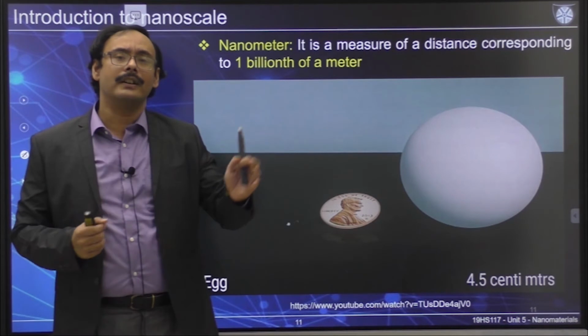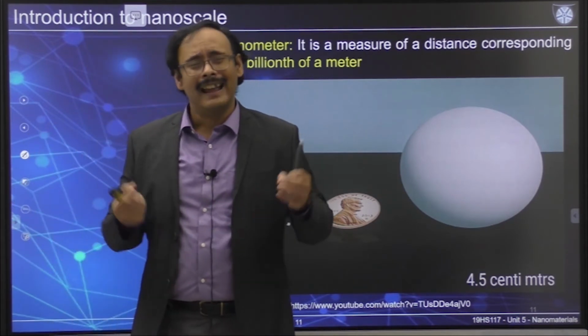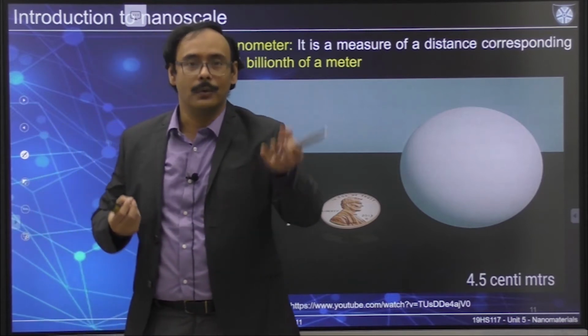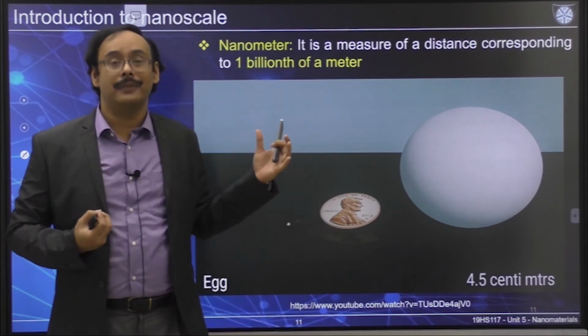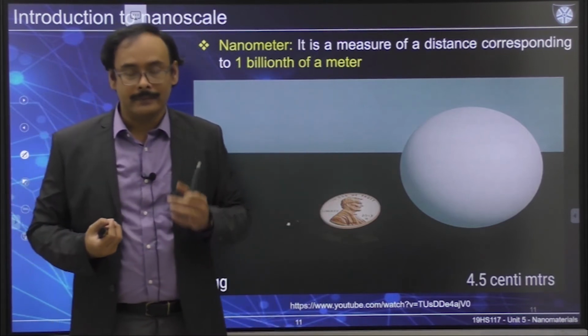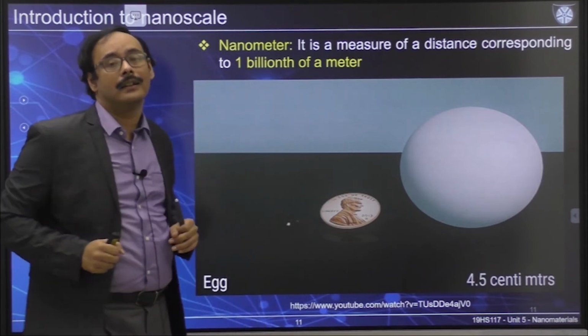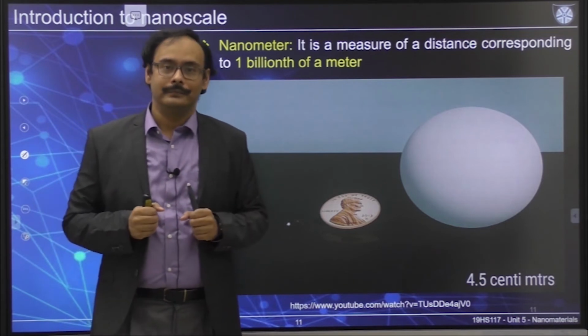That is very important for you to understand. Whenever I say 1 nanometer, at least you get some idea that it is really small as compared to when I say, let's say, 1 centimeter. And based on the factor, you can identify how small that is. So that's the basic goal of this introduction to nanoscale.